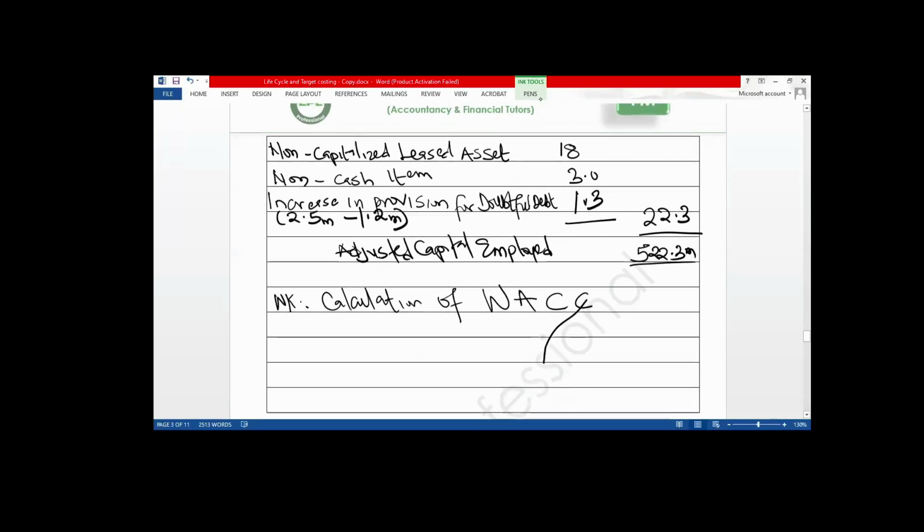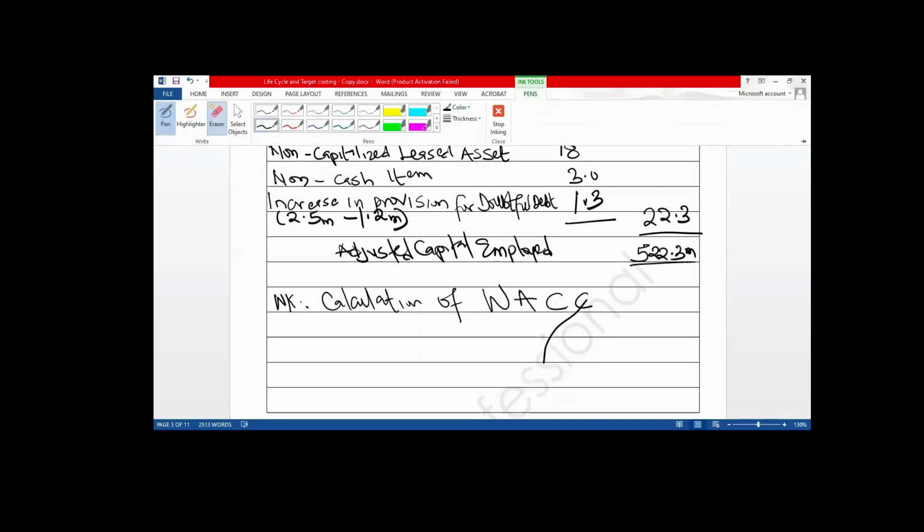For the calculation of weighted average cost of capital, just refer to the formula.